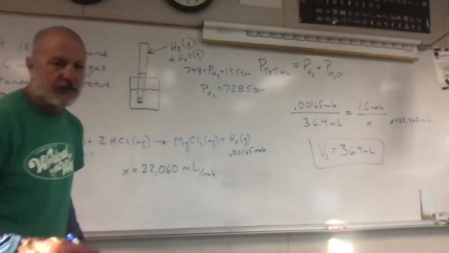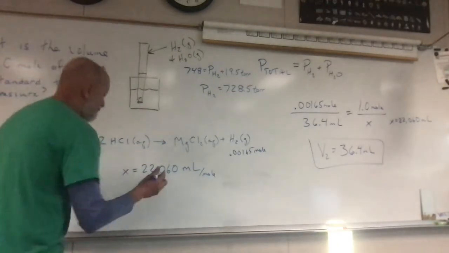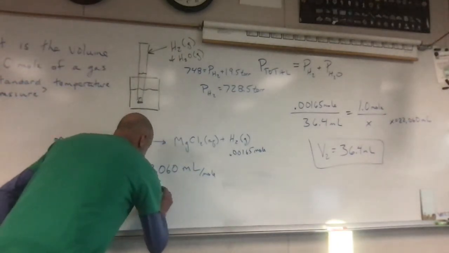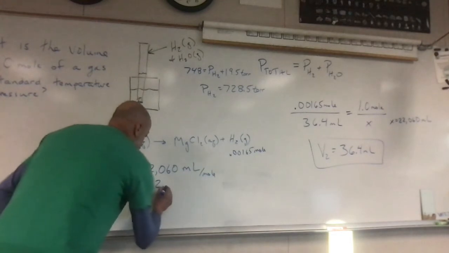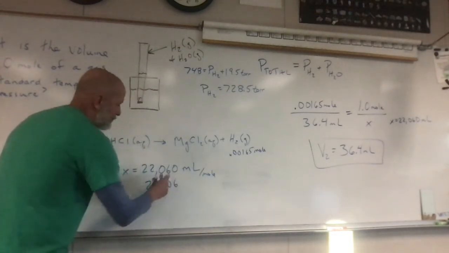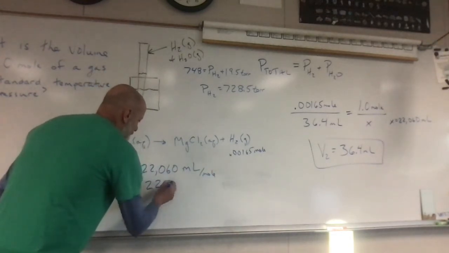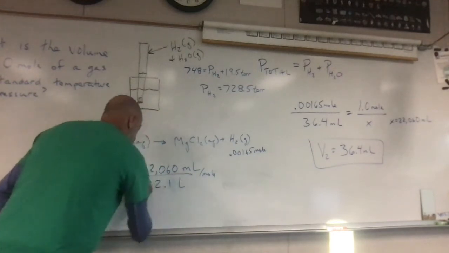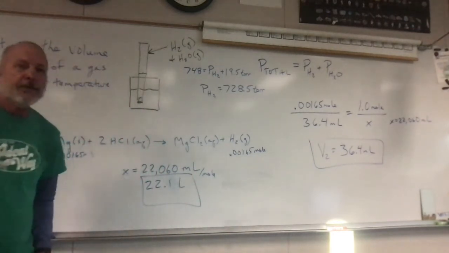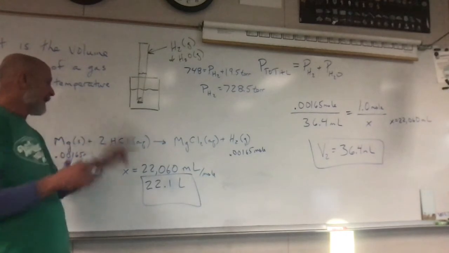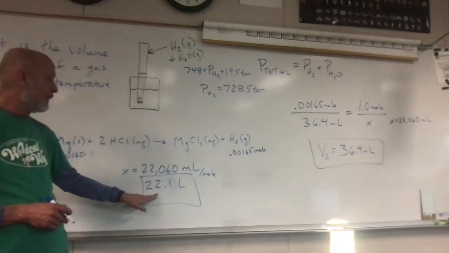It's actually 22.4 liters. Whoops. Let's change it to liters. 22,060 divided by 1,000 to put in liters, 22.06, or 22.1 when rounded. Based on what we did in the lab, if you have a mole of a gas, it should occupy 22.1 liters.